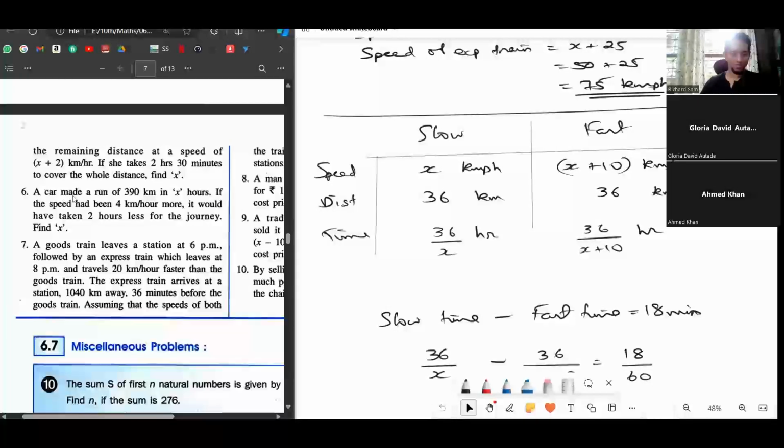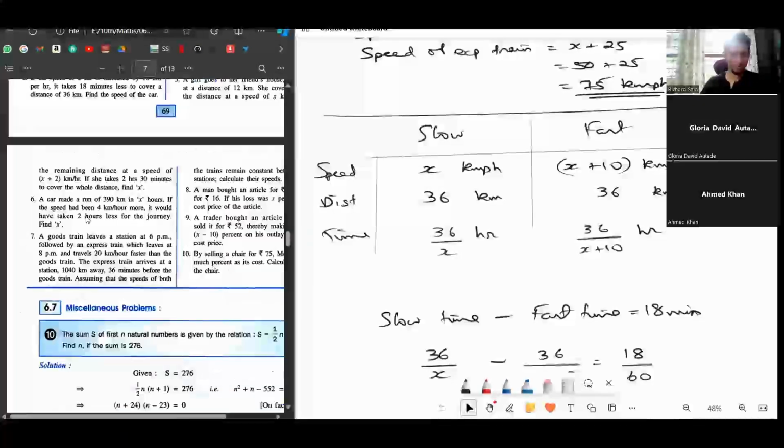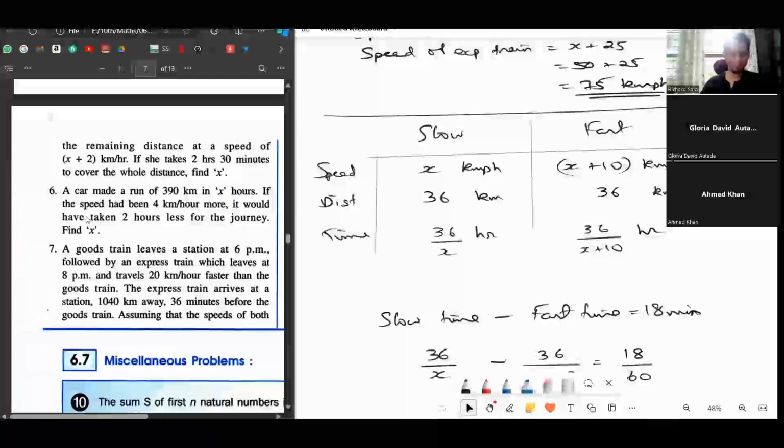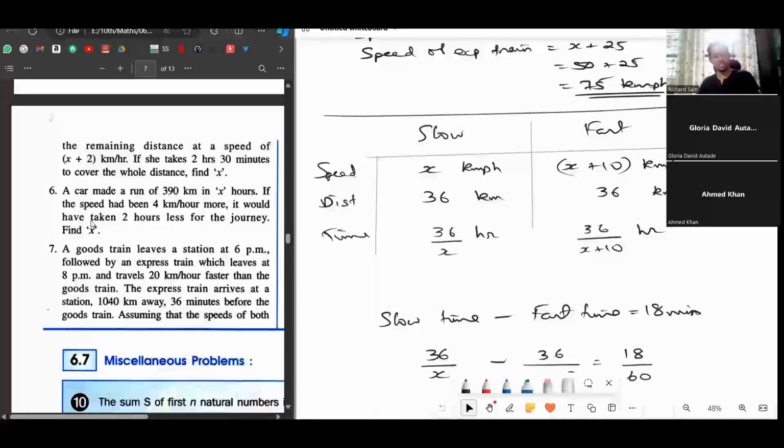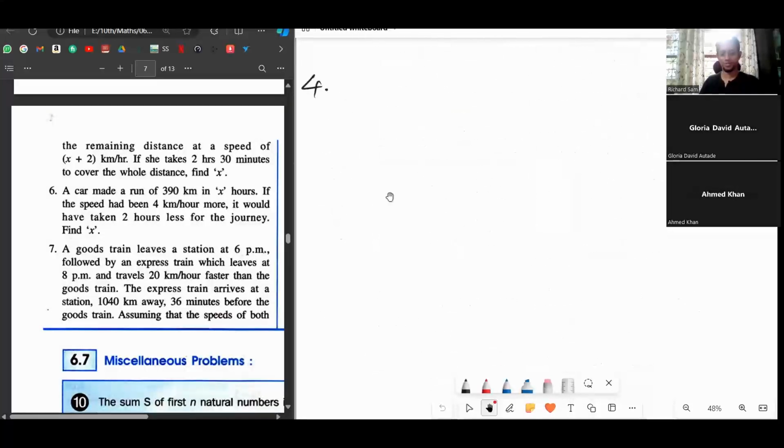So let me see a question which is slightly different. Question 7. Do you have this? What's the number in your book? 7?